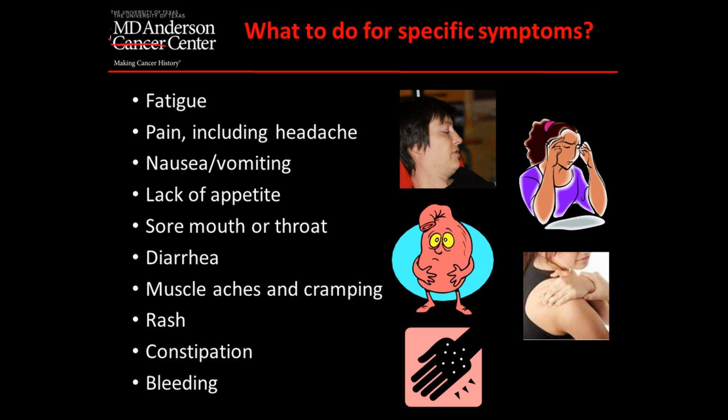Eat foods that sound good to you. At this point, if you're just not eating much at all, forget about the balanced diet. If peanut M&Ms sound good, eat peanut M&Ms. They have protein with the peanuts, and they have calories with the chocolate and candy coating. So eat whatever sounds good so that at least you're getting something in.